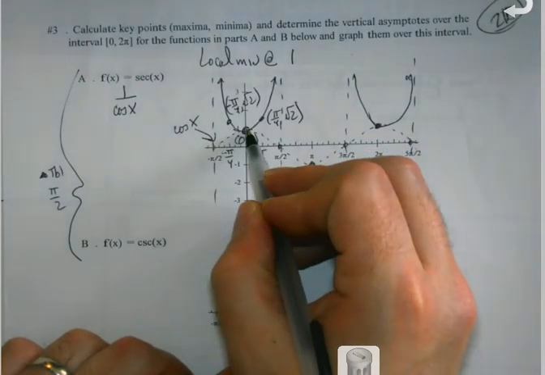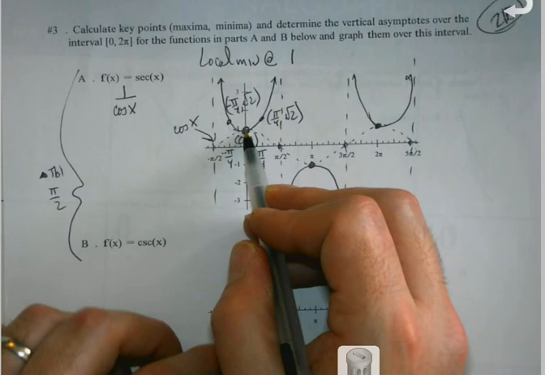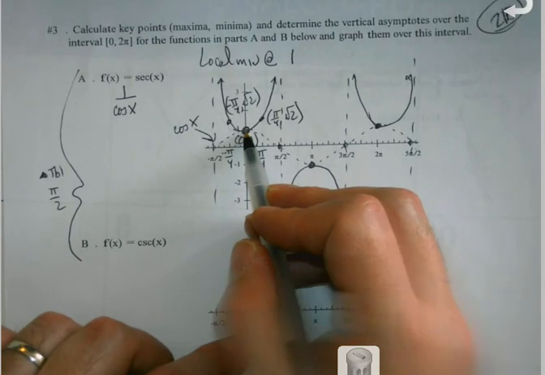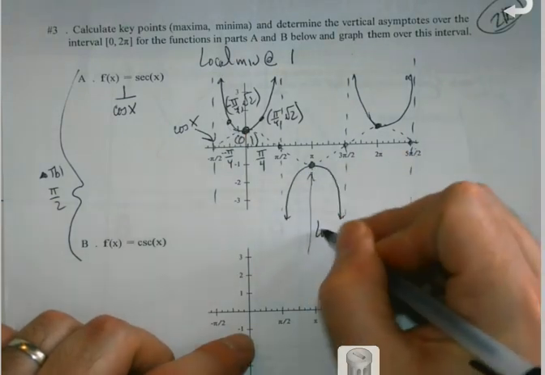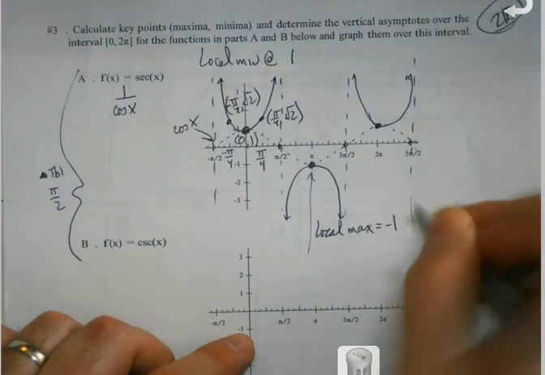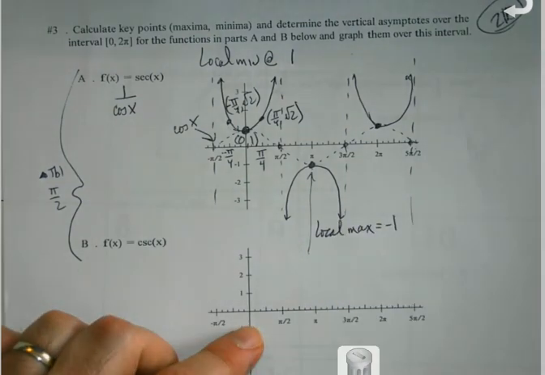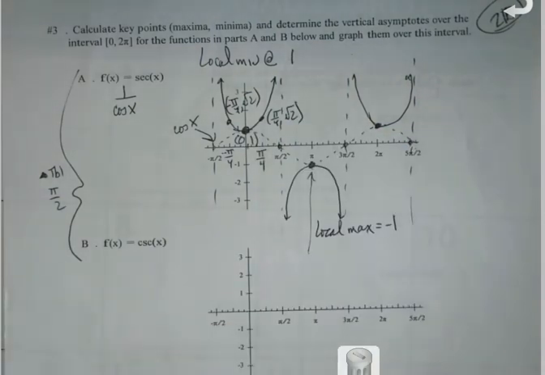Because it's down here. I'm always looking at the mins and the maxes according to the y value. So I have a local min at 1 right here, and then here I have a local max value of negative 1. If you were asked for a coordinate, you could say pi, negative 1 or 0, 1 could be your minimum or your maximum value on that.